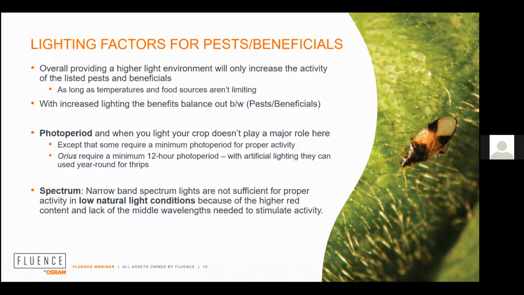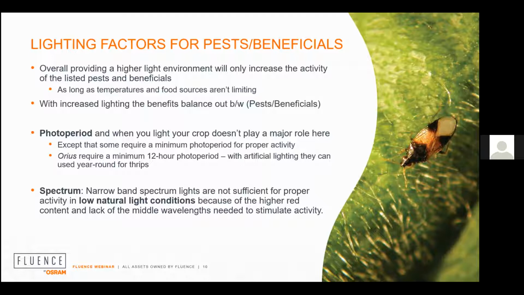I get questions all the time: if I'm making a good environment for my beneficials, is that just going to increase the pest population? Well, no, because they balance each other out. Overall, yes, a lot of times they need very similar environments, so just keep that in mind. But if they're both healthy, they will end up balancing each other out, and it works.